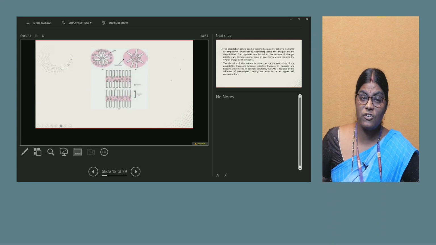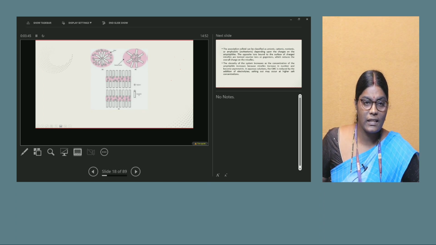These are the structures of micellars that can be formed by different types of surfactants in different types of media. Here you see this is the micellar. The micellar can be formed, means hydrophilic head is outside and lipophilic tail is inside. So the micellar structure is formed in the hydrophilic media, that is water.